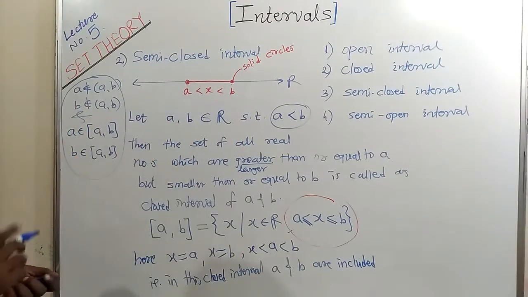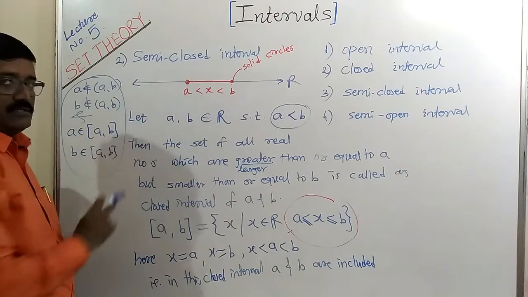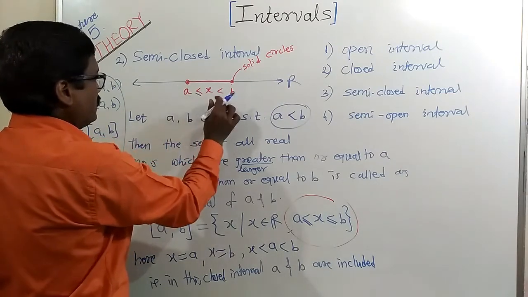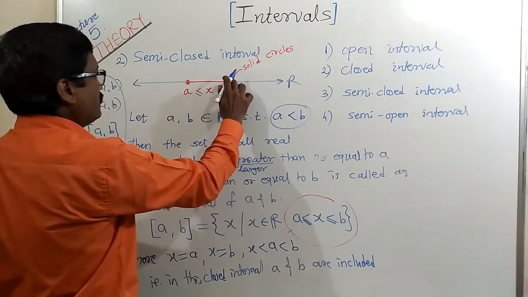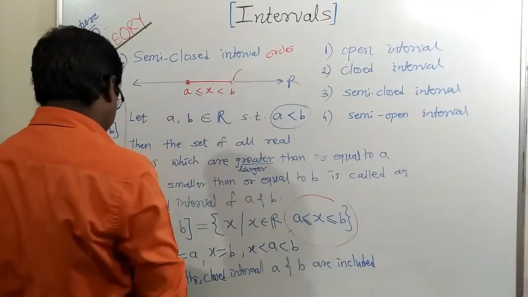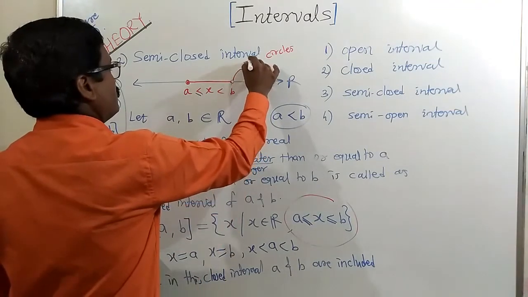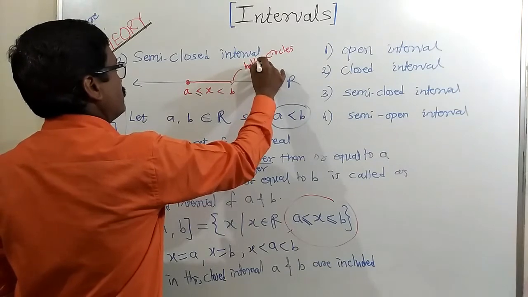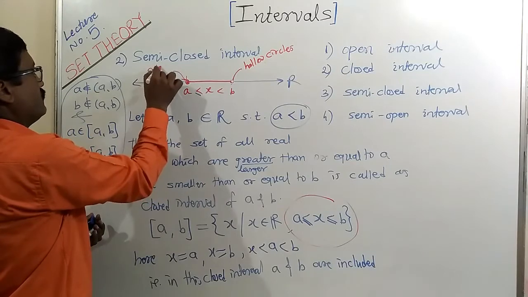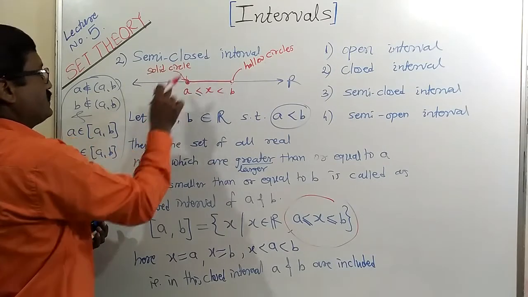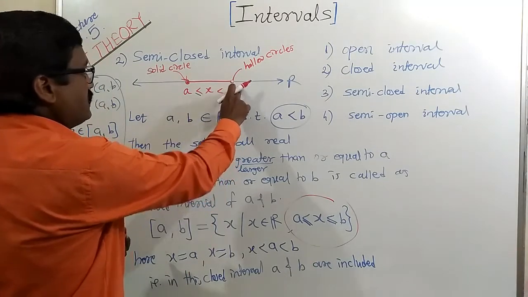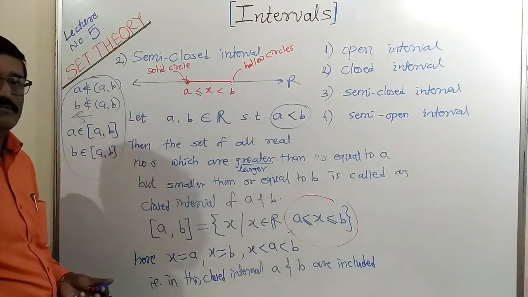Semi-closed means initially the interval is closed and then open, means it includes A but not B. Here is a hollow circle, and here is a solid circle. A solid circle means this point A is included in this interval, and the hollow circle means this point is not included in this interval.